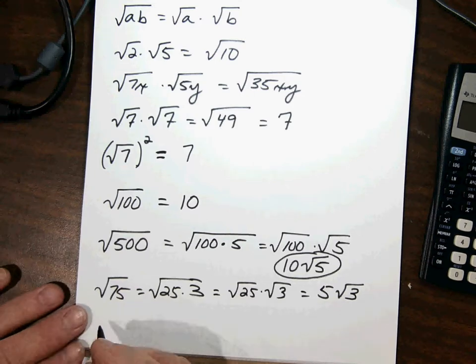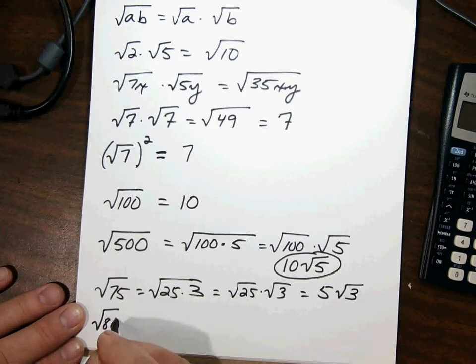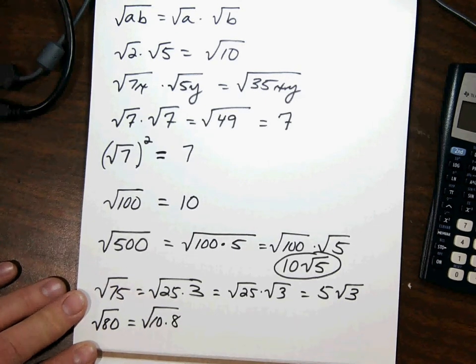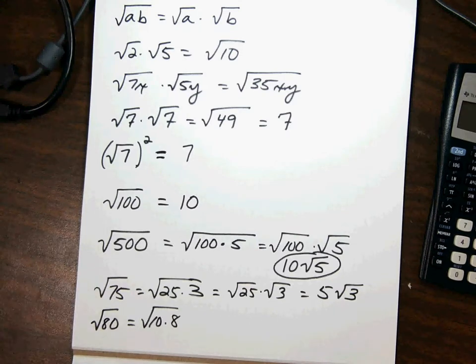Okay, what about a radical 80? Now my knee-jerk might be, well, 10 times 8 is 80. Yep, roger that. Well, that doesn't help me though, because 10 is not a perfect square, and 8 is not a perfect square. So stop and think a minute. I need to factor that 80 in such a way that I get a perfect square root underneath the radical.